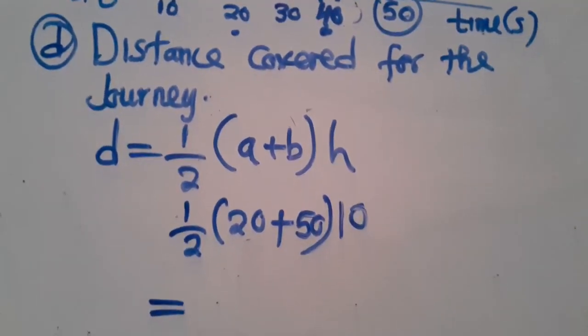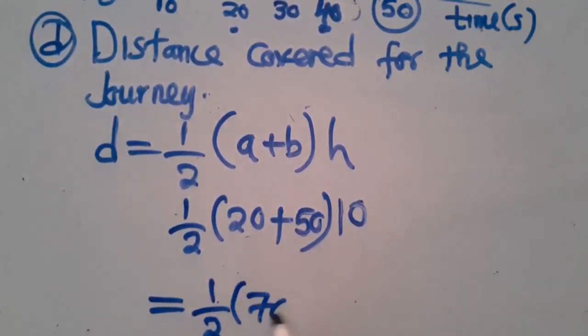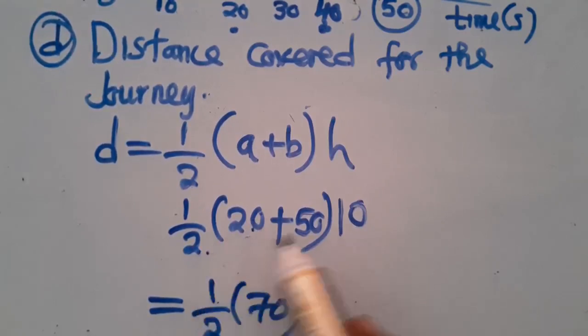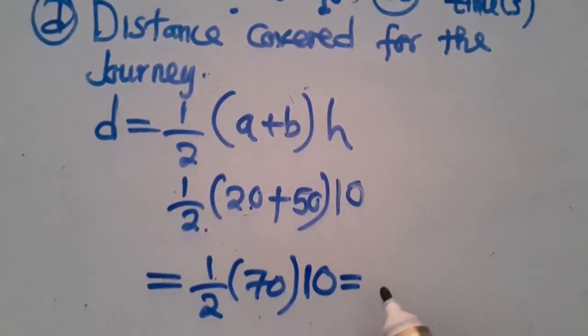Once you reach here, say half of what? When you add there, it's 70. I just want to talk about mistakes that we are making. Someone will say half of this, half of that. You're just wasting time. Here, the same way I'm answering is the same way you're supposed to answer.